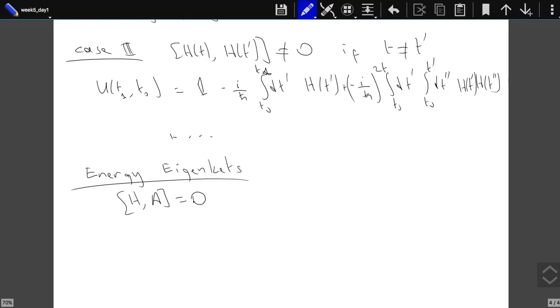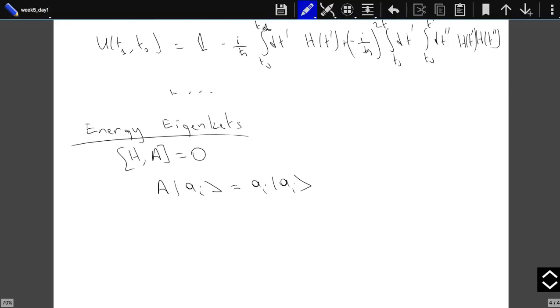If we have such an operator, we can talk about the eigenkets of this operator A. And we had also seen that if the eigenkets of the operator A are discrete, non-degenerate, then these eigenkets should also be eigenkets of our Hamiltonian. And let's denote the eigenvalues by a_i.